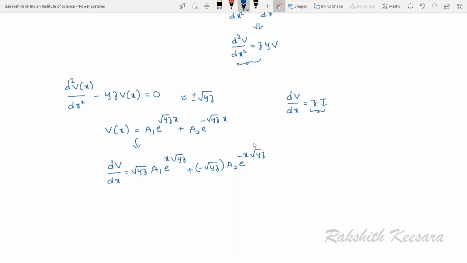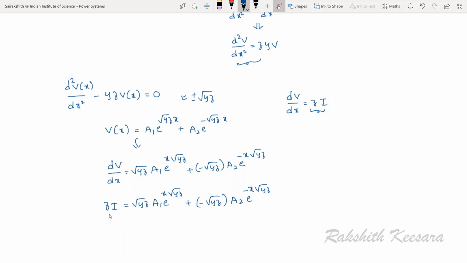If I substitute ZI in the place of dV by dx, ZI will be equal to root over YZ A1 e power x root YZ plus minus root over YZ A2 e power minus x root YZ.